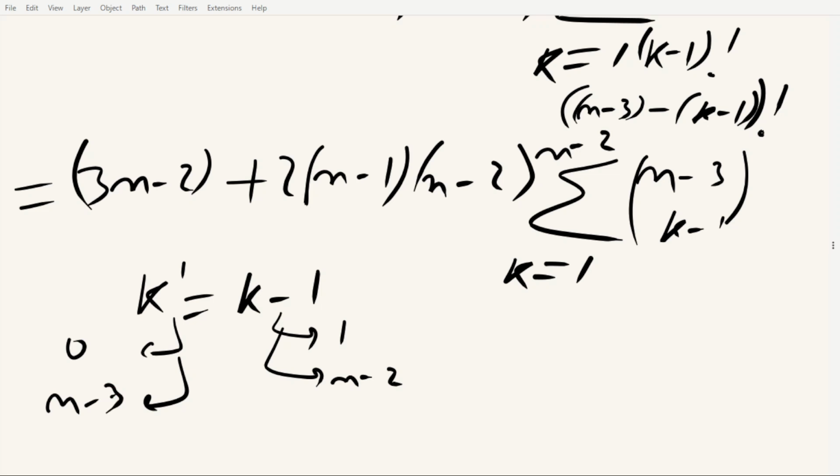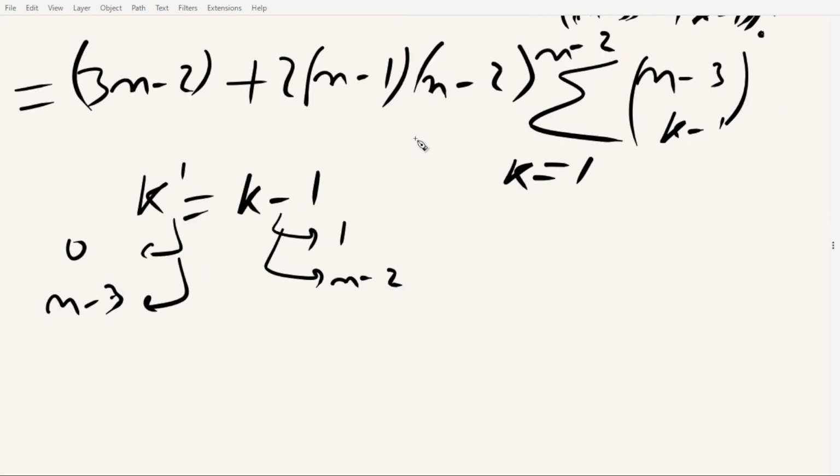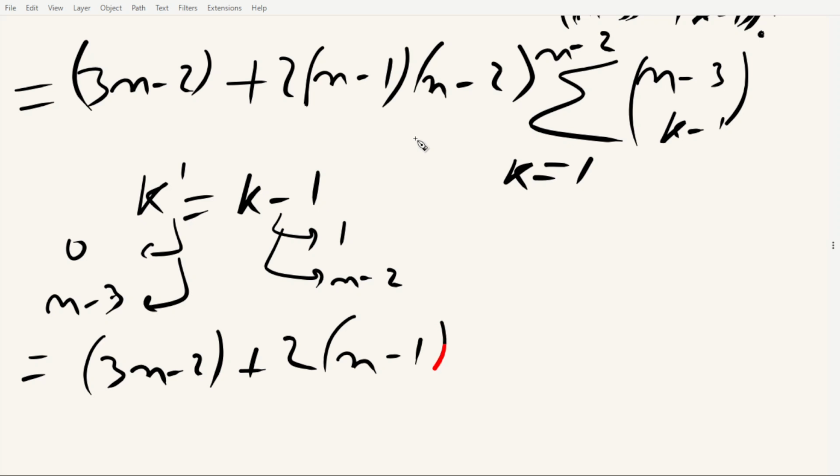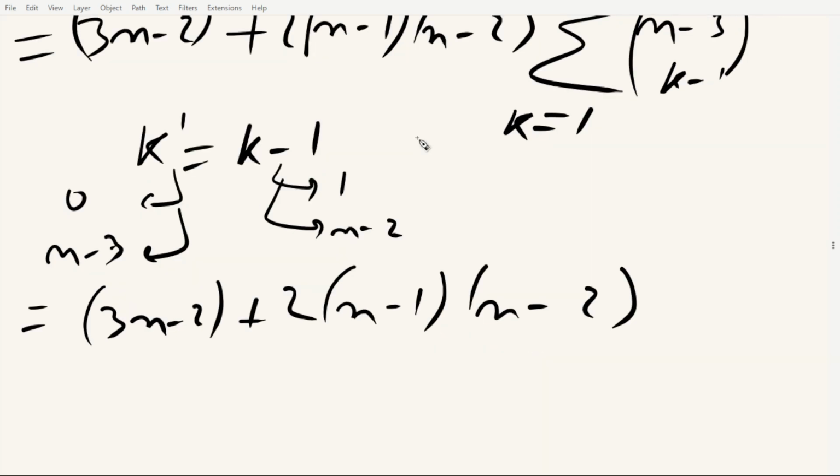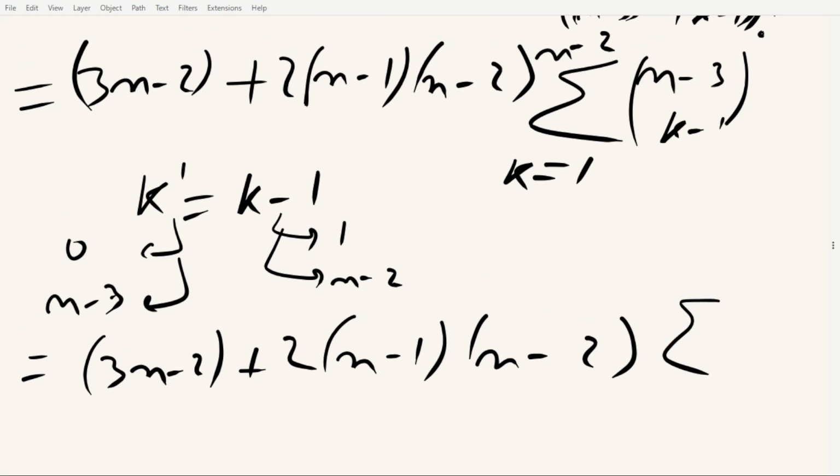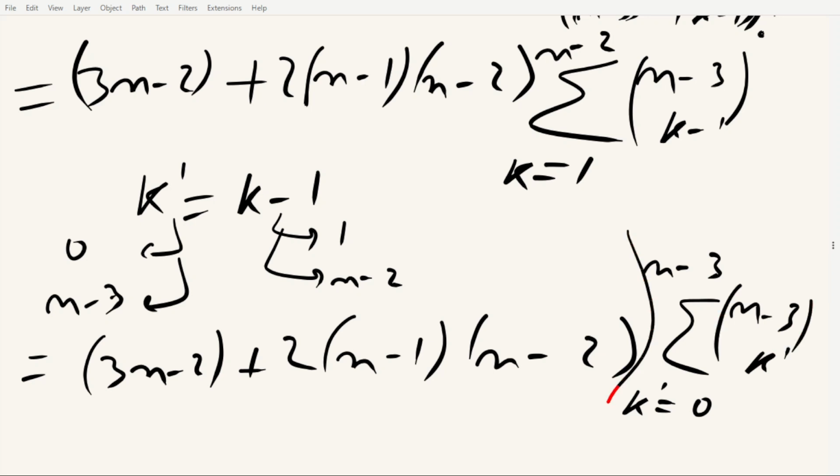So writing in terms of k prime, we get the same thing: 3n minus 2 plus (n minus 1)(n minus 2) times the summation of all k prime equal to 0 to n minus 3 of n minus 3 choose k prime. So this sum is exactly 2 to the power n minus 3.